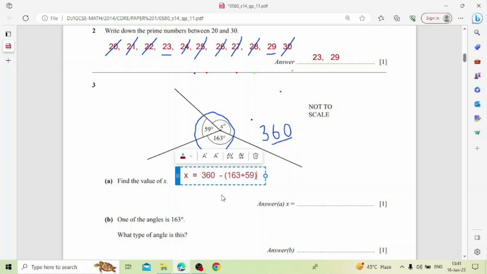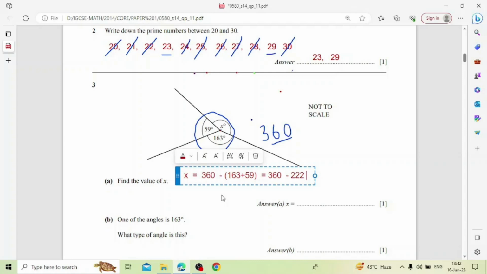Now you can use a calculator, you can just calculate it over here itself. So the answer is 210 and 12, so 222 total. So 360 minus 222.